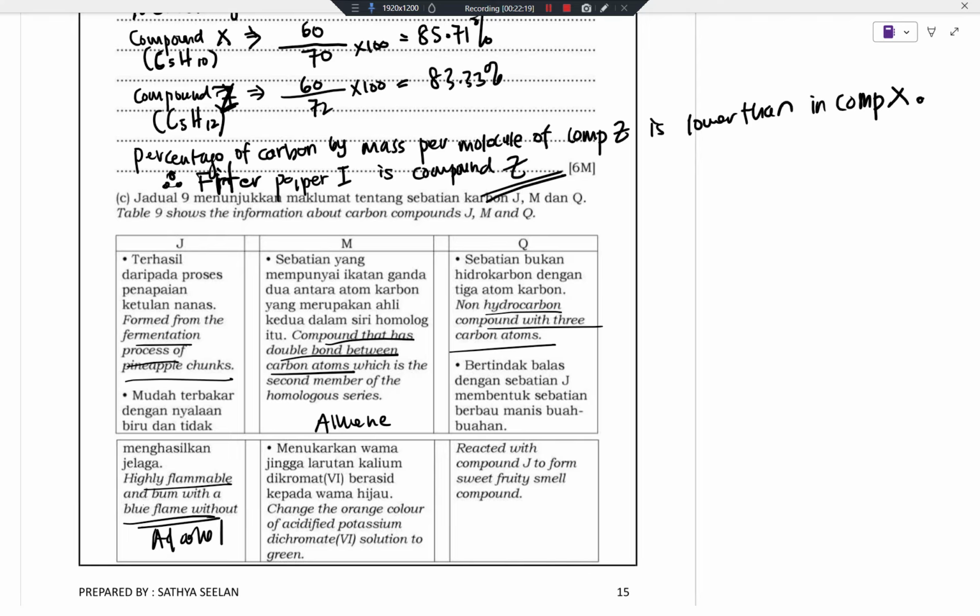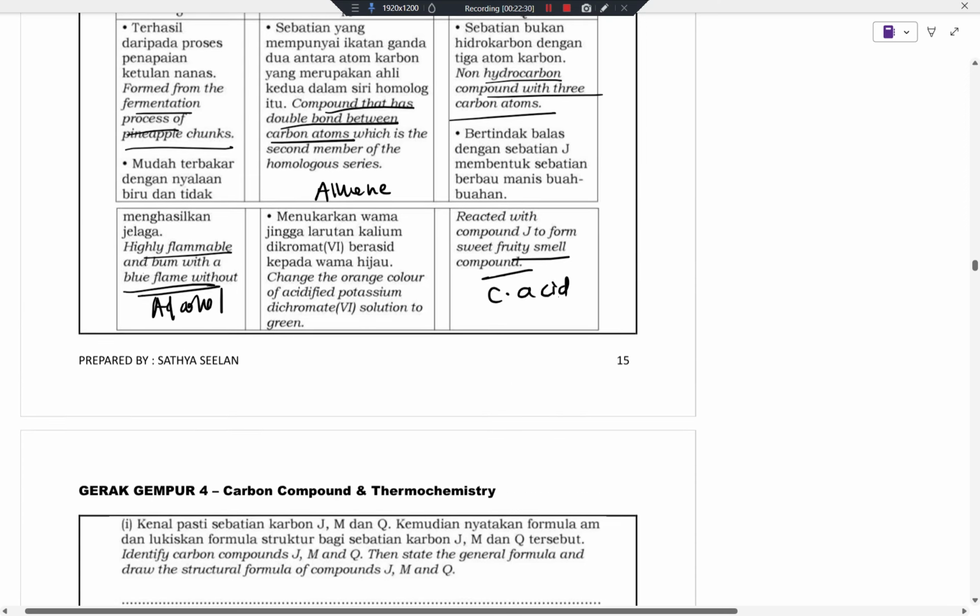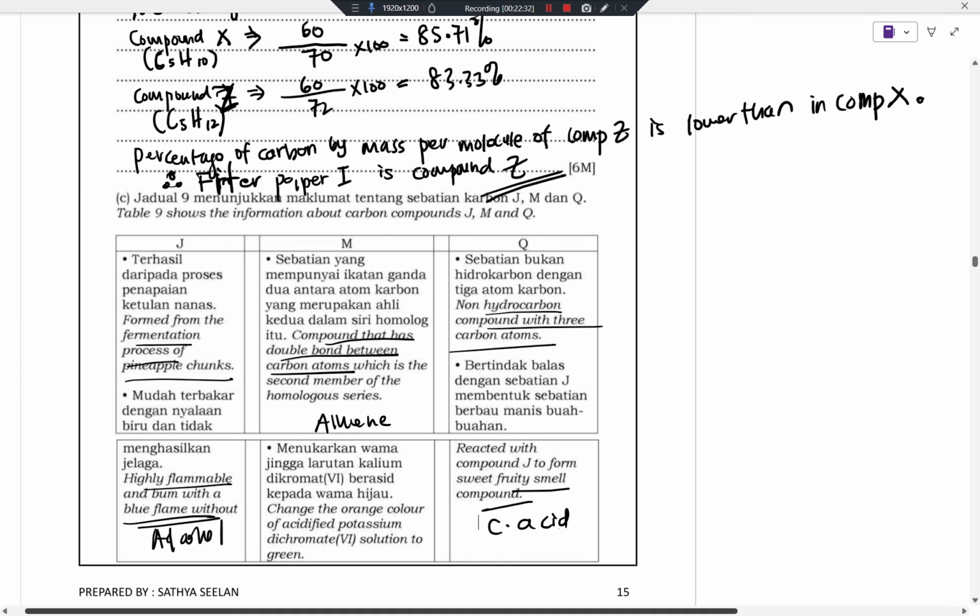React with compound J alcohol, அப்ப இது carboxylic acid. ஏன்னா carboxylic acid alcohol சேர்ந்தா தான் fruity smell compound நம்ம உருவாக்கும். ஓகே, ஆனா அவங்க இவங்களுக்கெல்லாம் எத்தனை கார்பன் ஆட்டம் இருக்குன்னு சொன்னாங்களா? நம்ம எப்படி செய்யறது? சரி, ஃபெர்மெண்டேஷன் கண்டிப்பா இத்தனால்.